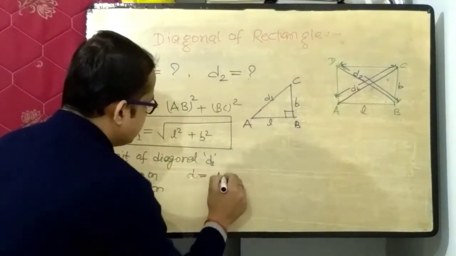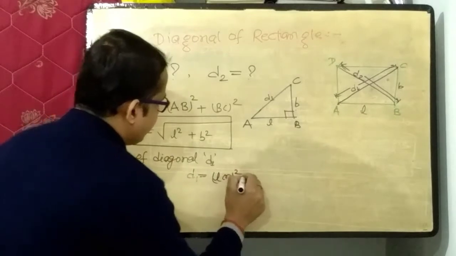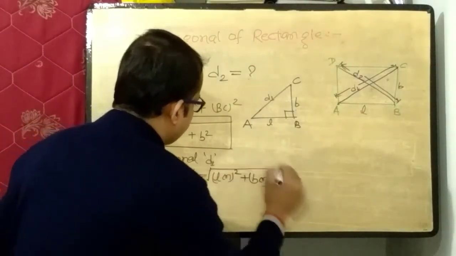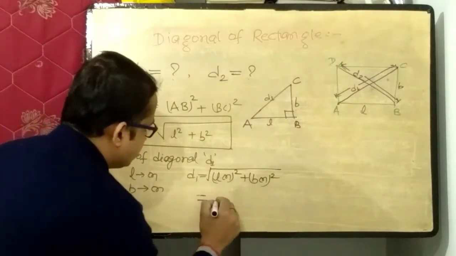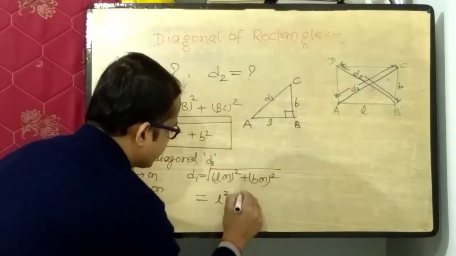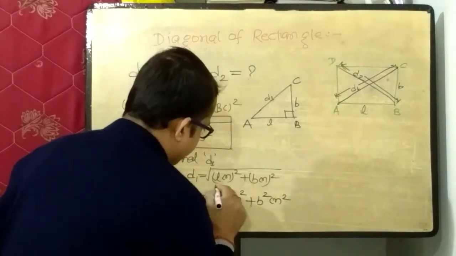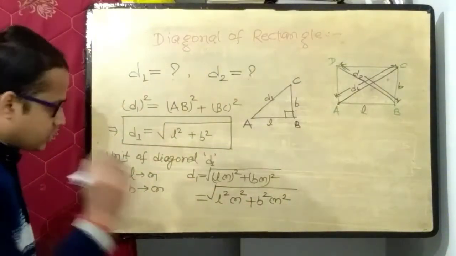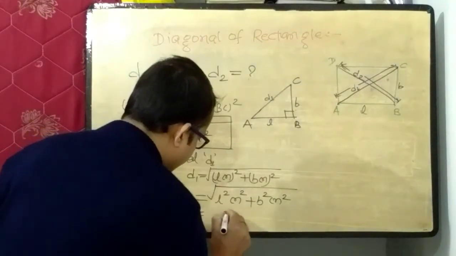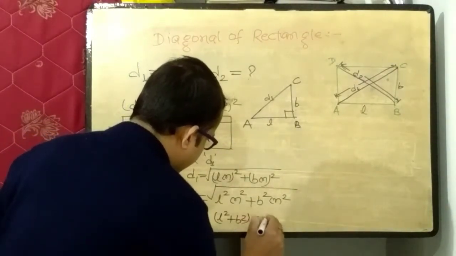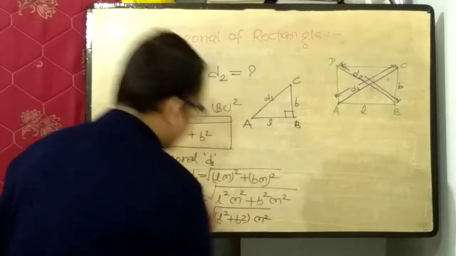D1 equals root of L meter square add B meter square. So L square meter square add B square meter square. Take meter square common. So L square add B square into meter square, under root.